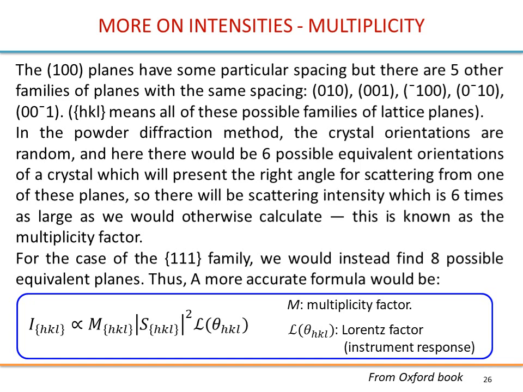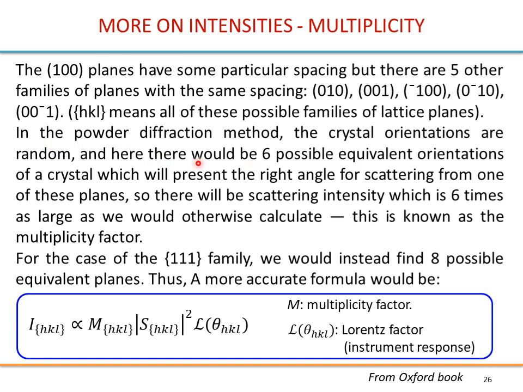In fact, the 1, 0, 0 planes have some particular spacing, but there are 5 other families of planes with the same spacing. So with these brackets we refer to the families. So HKL means all of these possible families of lattice planes.